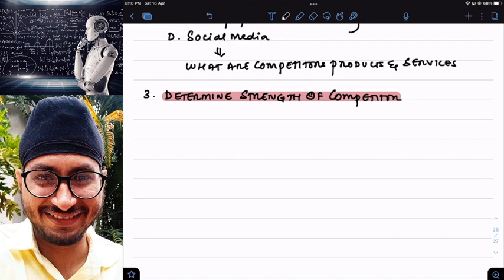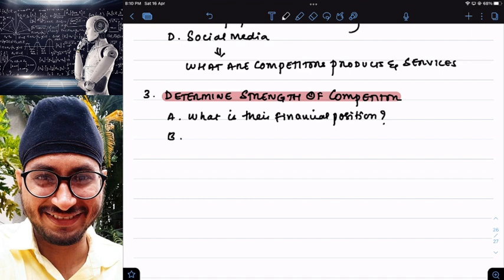Let us say for example, I will analyze like this. What is their financial position? Financial position means, is the financial position of my competitor strong or weak? Is finance their advantage or a disadvantage for them? Are they good in finance or are they not good in finance?